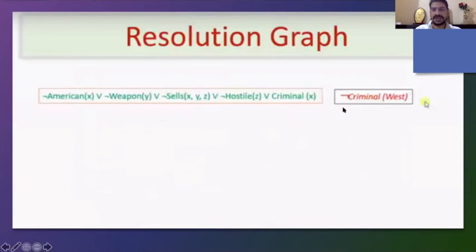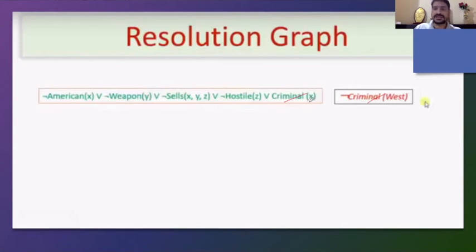Here we cannot apply a general resolution, we'll apply unit resolution, because here we don't have any complex clauses. Here it is only one atomic clause. When we apply it, we just remove this criminal(x) and criminal(West), because this is a negation and this is not the negation one. So we cancel it out with the unit resolution, and we'll apply the unification.